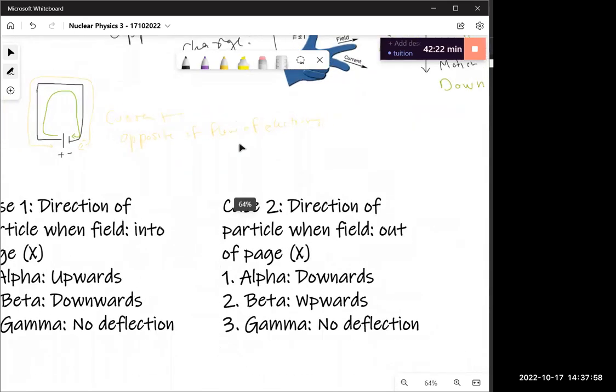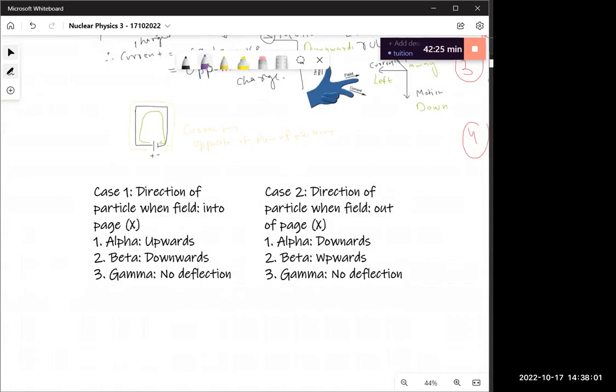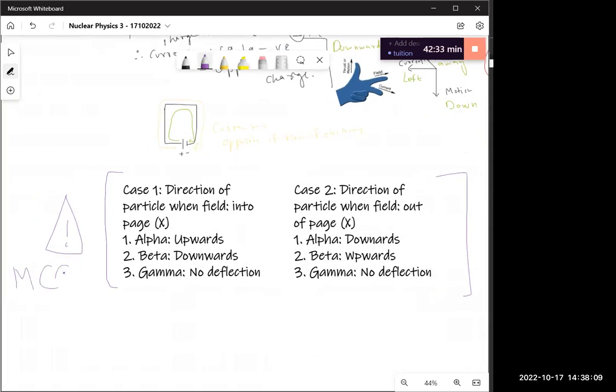Tell me when you're done. I'm on case 1 beta part. Okay. This is very important. This usually comes in the MCQ, always.